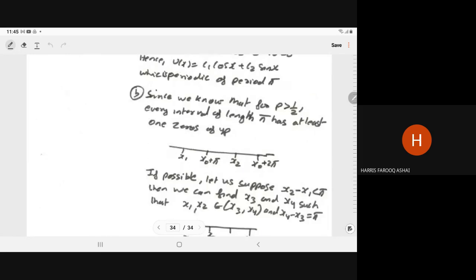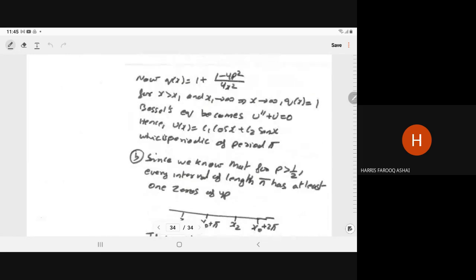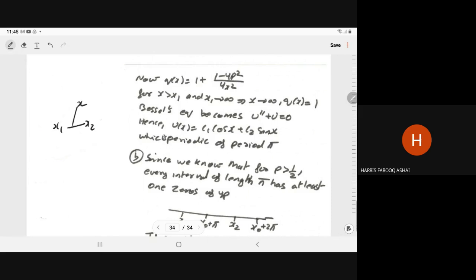Now, in this case, here we have x1, here we have x2, and in between all points are x. Q(x) is given to you: Q(x) is equal to 1 plus (1 minus 4p squared) upon 4x squared. All x are greater than x1, right?